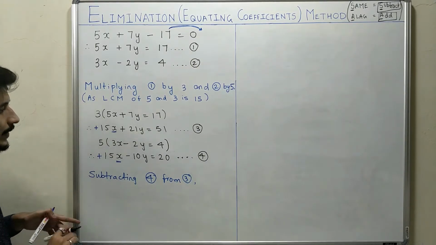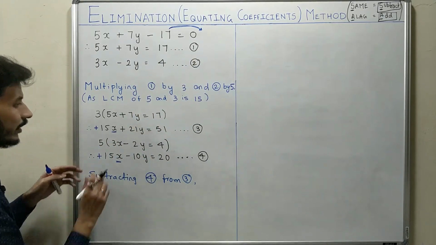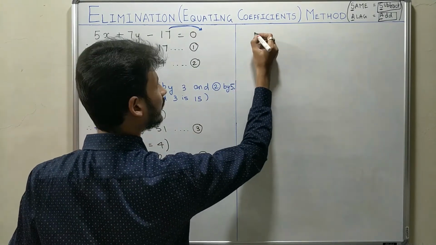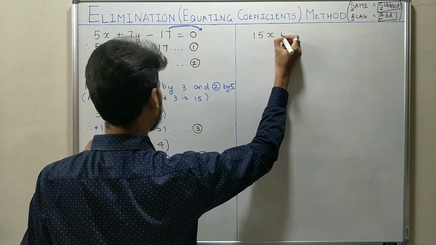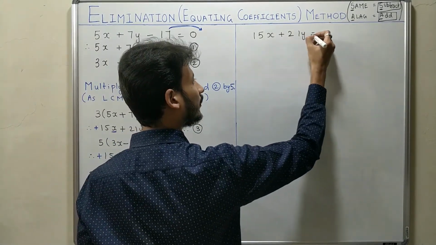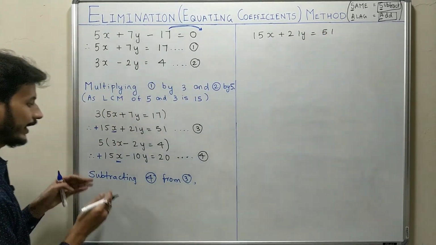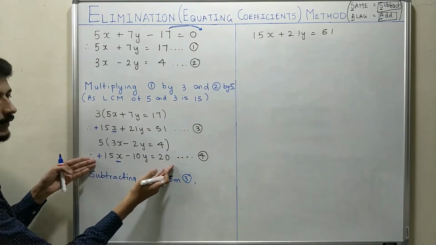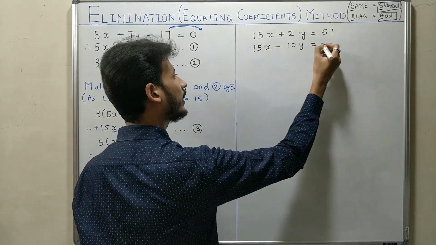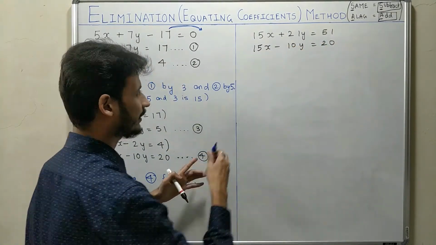So when we subtract 4 from 3, what we get? We'll write down the equations. We'll write down 15x plus 21y is equal to 51. That is equation number 3. And then equation number 4, 15x minus 10y is equal to 20. While subtracting, of course, the signs change.